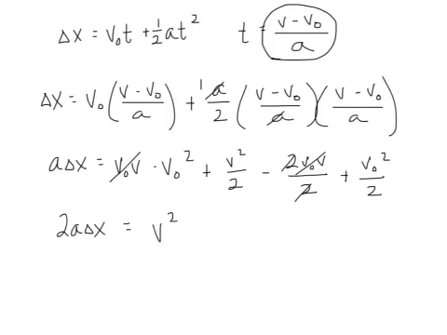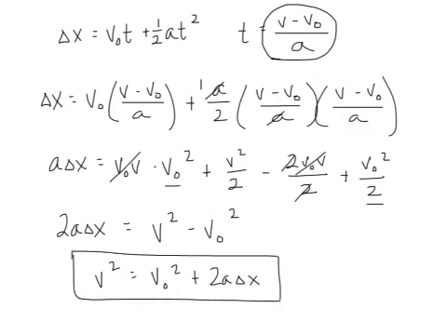Sorry, that's v squared minus v naught squared, because I have a minus v naught squared right there and a plus v naught squared over 2 right here. Multiply both sides by 2 and it comes out to v squared minus v naught squared. Alright, so then for our final rearrangement we end up with v squared equals v naught squared plus 2a delta x, and there is our third kinematic equation.